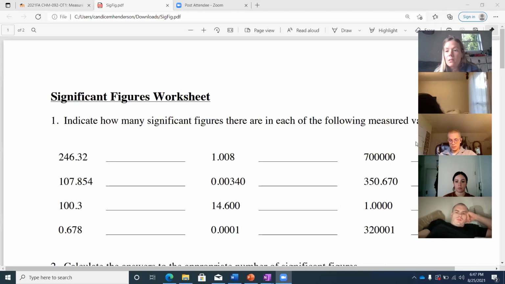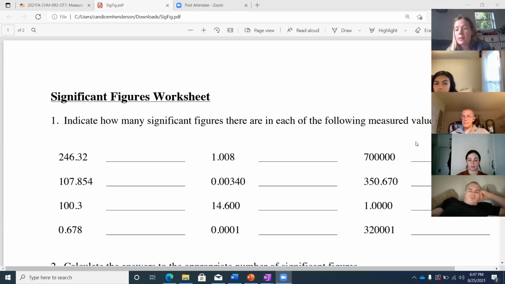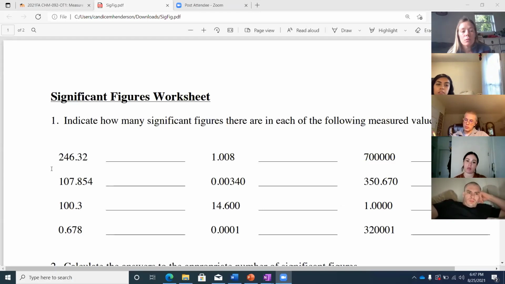All right, so this worksheet is nestled in your Moodle page underneath the measurements worksheets, so you can find it there. I want you to do the top 2 rows, okay? I want you to look at these numbers, and I want you to tell me how many significant figures each one of those has. And I'll give you 2 minutes for that.